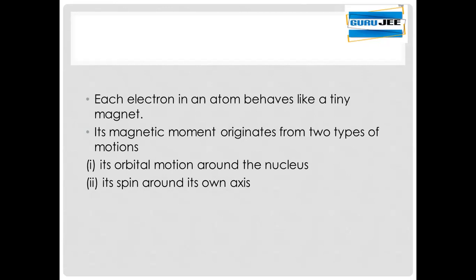Another type of motion is a spin around its own axis. We know the Earth can rotate about its own axis, isn't it? Like that, the electron itself can rotate on its axis. So these two types of motions give the electron a magnetic moment.